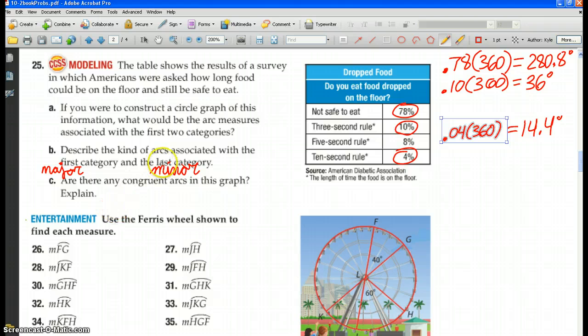Part C, are there any congruent arcs in this graph? Well, we can see that no two categories are the same, therefore there will not be any congruent arcs.